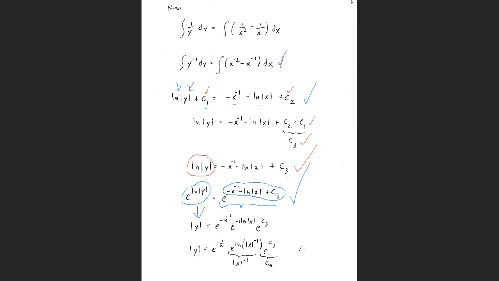But remember, e to the a plus b equals e to the a times e to the b. So I can write the right-hand side as the product of three exponential terms.